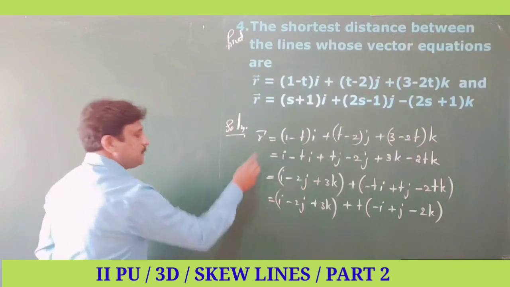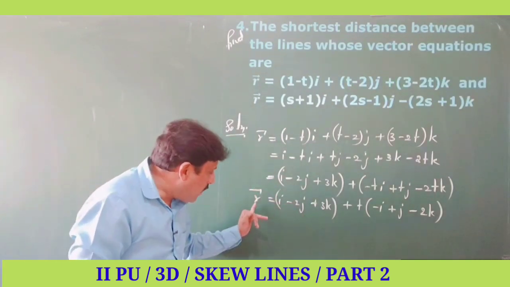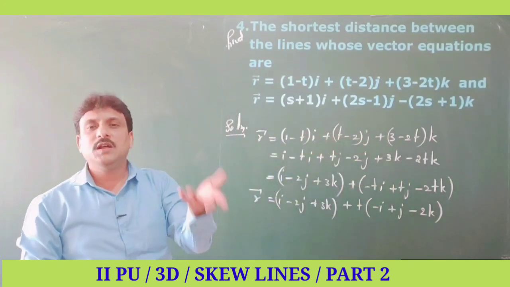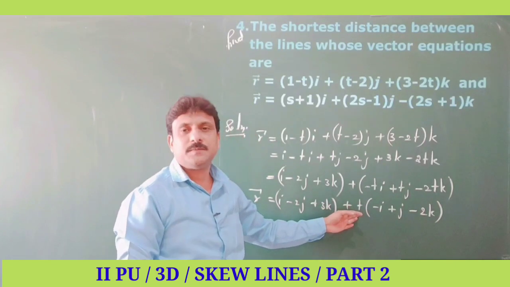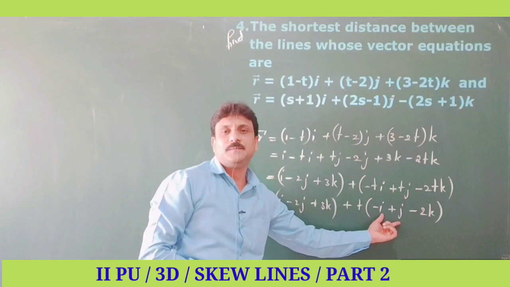This is r. Now it is in standard form, r equals a plus lambda b. Instead of lambda there is a constant t. So this is a1, this is b1.